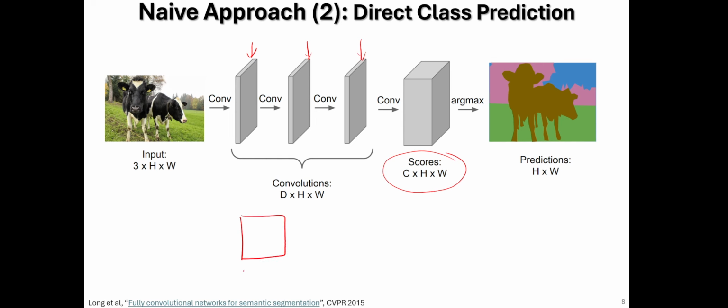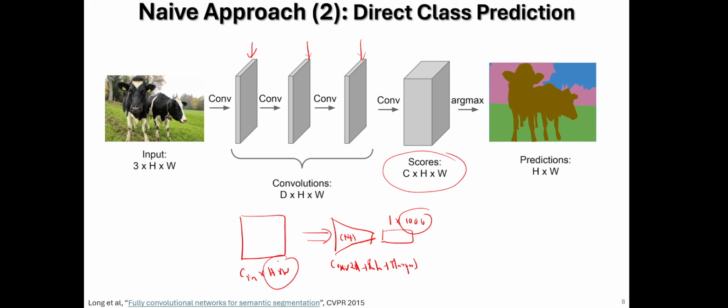You may start with, let's say, C_in cross H cross W, and then pass it through a series of convolutional layers, with Conv2D plus ReLU plus max pooling. Then we have the fully connected layer, and it may have, let's say, 1 cross 1000 for a single image. This 1000 is the number of classes. So you really don't care about the size of the image. It's not at all important.